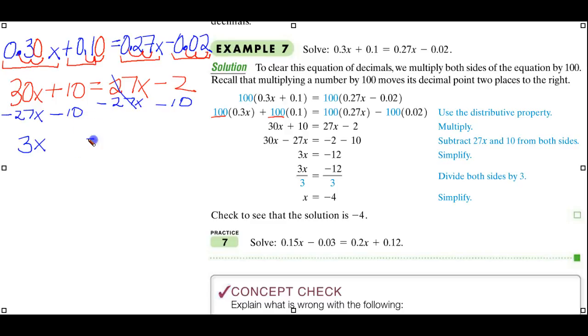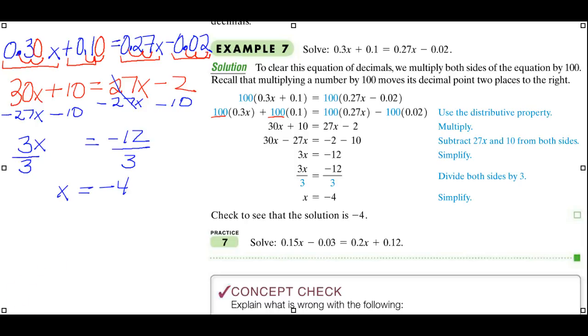And I'm going to keep my equal sign sort of lined up. And this is a negative 12. Now to get x by itself, I'm going to divide by the numerical coefficient, both sides, and I get x equals negative 4. And I didn't have to worry about the decimals.